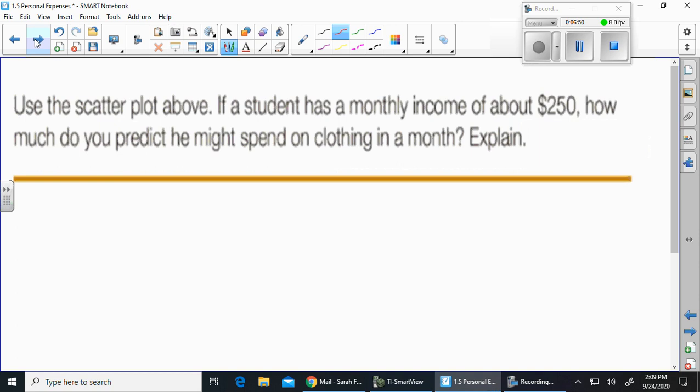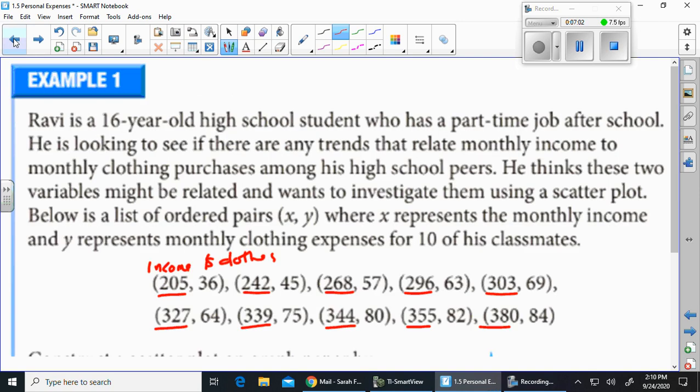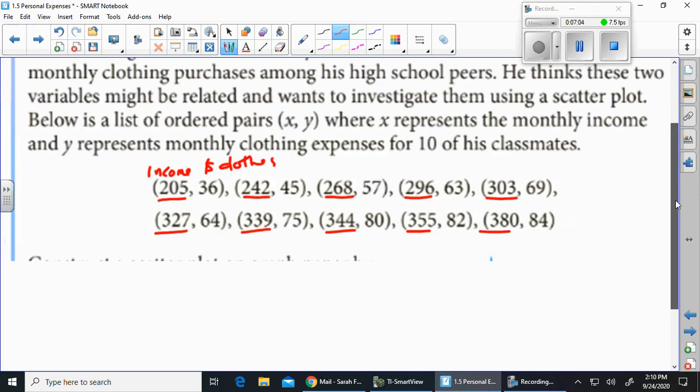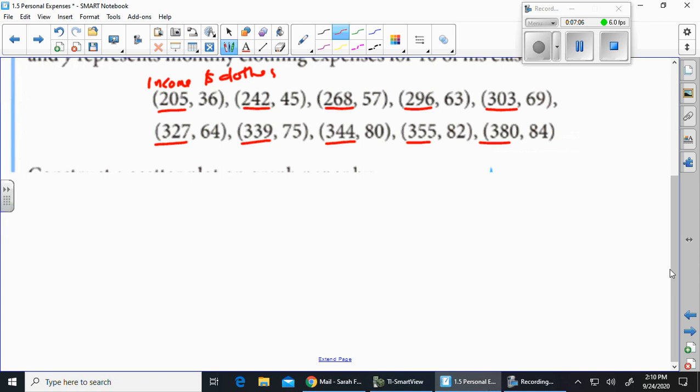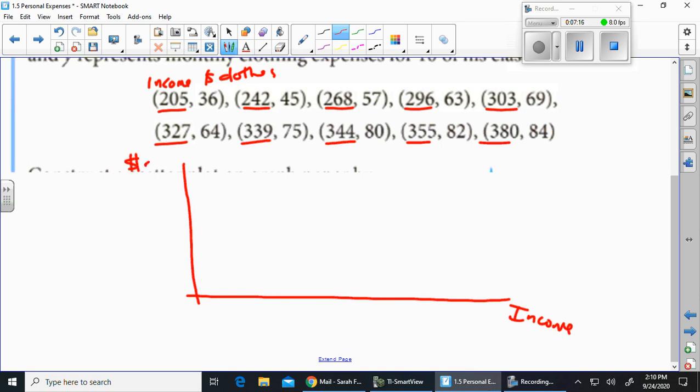So you could then make a prediction on if someone had $250, how much would they spend in a month? So you want to be careful when you make your scatter plot, which we would have done yesterday in class. If this is income, which X is horizontal, and this is money spent, look at your numbers.